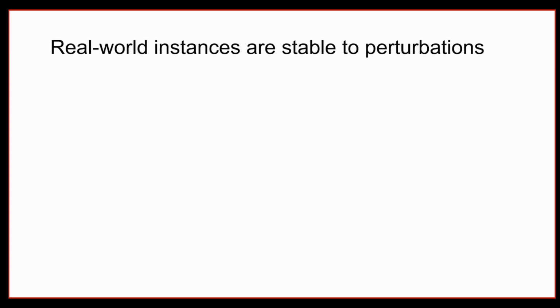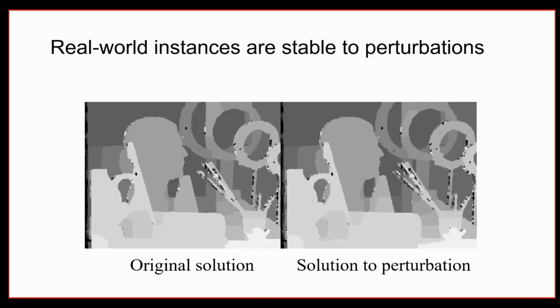So it turns out that there is a nice property for the real world instances, which is that they are stable to perturbations. So what is that? If you look at the problem instance, you have the node costs and edge weights. And if you solve exactly for that one instance, let's say this is the original instance, original solution.